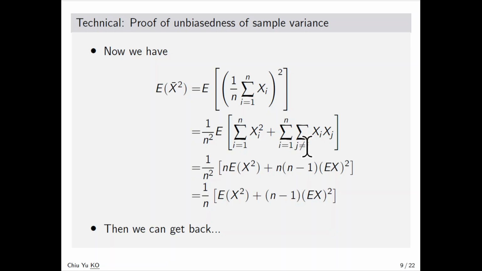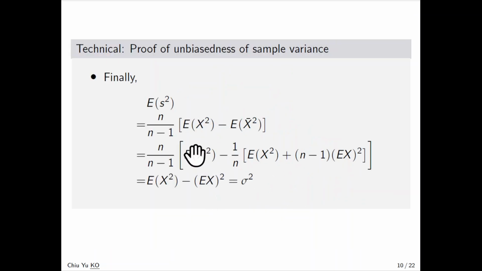For these we take the expected product, which is the product of expectations because they're independent. And the n cancels out, so that's what you're left with.